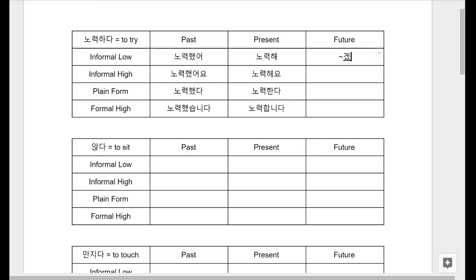You need to add this, and then you always need to add that, and then depending on the different formality, you add a little something different, and it's really the same thing as this and as this here. So it's going to be 노력하겠어 for the first one, and then each one after that's going to be very similar: 노력하겠어요, 노력하겠다, and 노력하겠습니다.